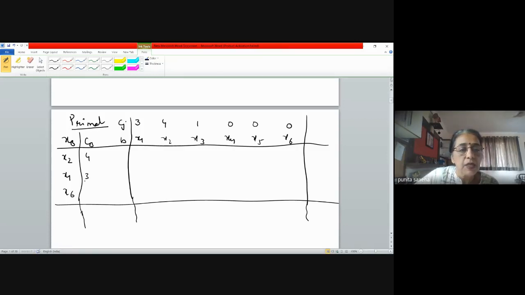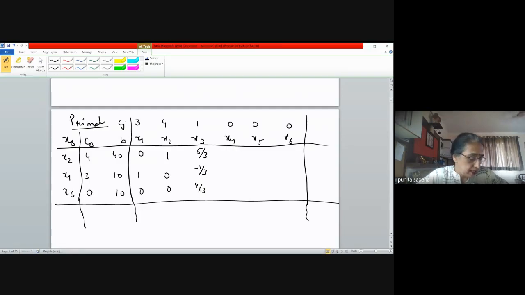So your CBs are 4, 3, 0. Now let's write the things column wise. Your B must have been 40, 10, 10. Now x1 becomes 0, 1, 0. x2 becomes 1, 0, 0. Now x3 would have been 5 by 3, minus 1 by 3, 4 by 3.